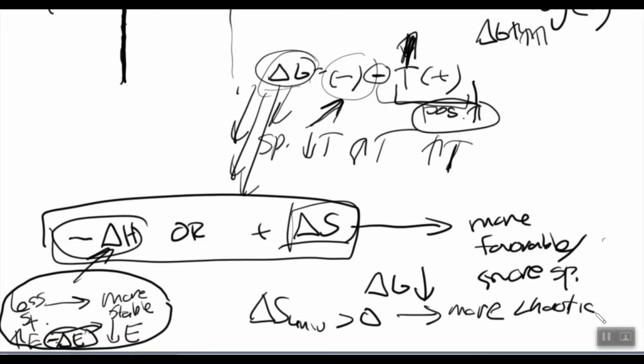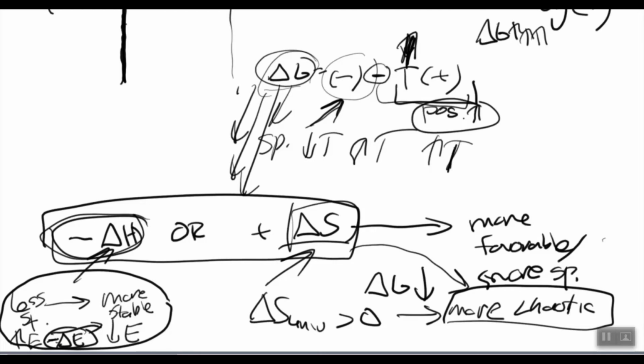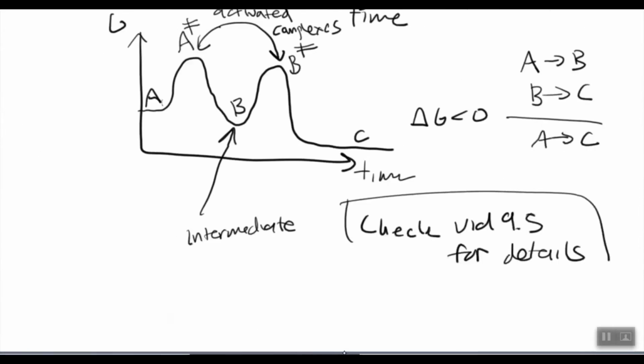So the universe likes to be more chaotic over time. But a positive delta S means that things will get more chaotic, which supports our idea that the universe likes to be more chaotic. So through these two kinds of analogies or references, we conclude that a negative delta H or a positive delta S will make a reaction more favorable because they obey the laws of nature, and we never disobey the laws of nature because they are law.